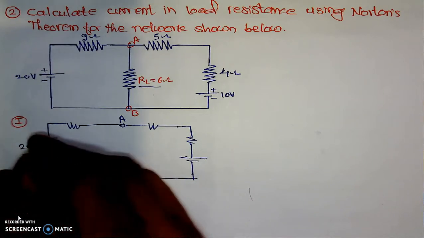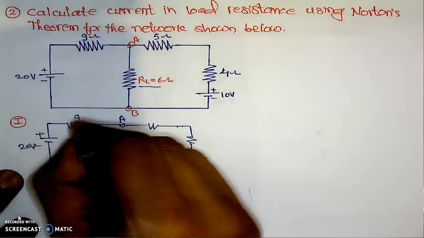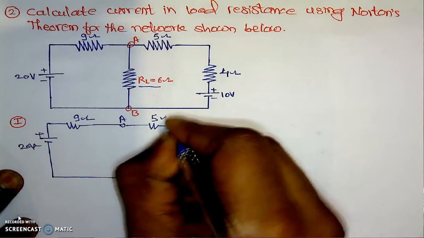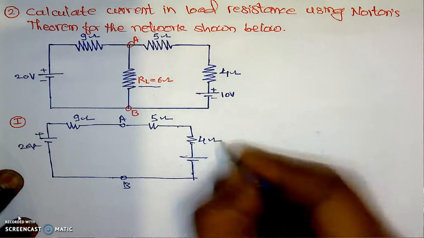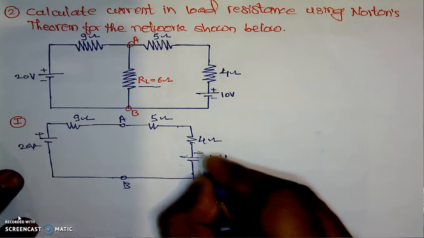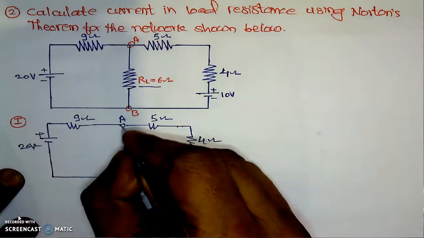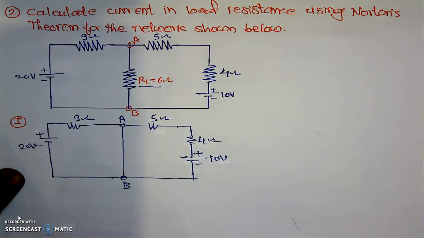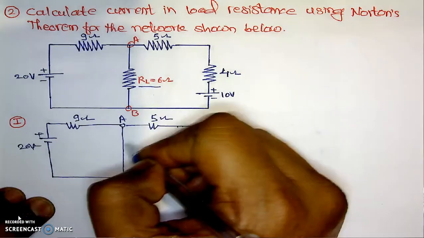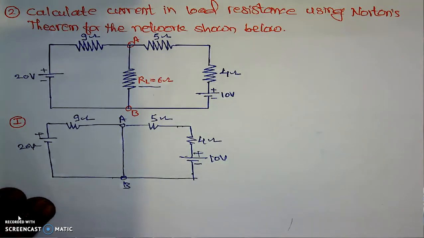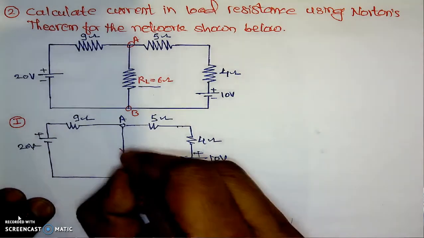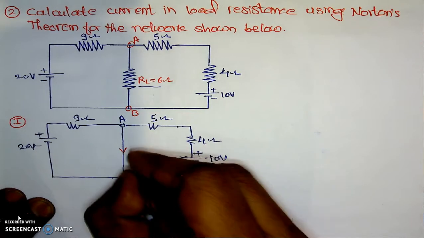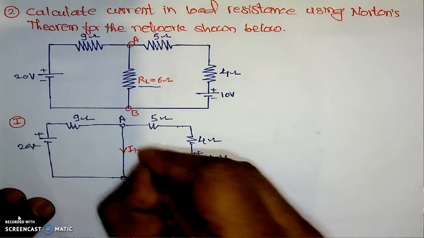This 20 volt with plus minus, 9 ohm, 5 ohm, 4 ohm, 10 volt with plus and minus. And RL is replaced by the short circuit. Our aim is to calculate the current in the short circuit. This current we are interested in, I will call it IN, that is Norton's current.